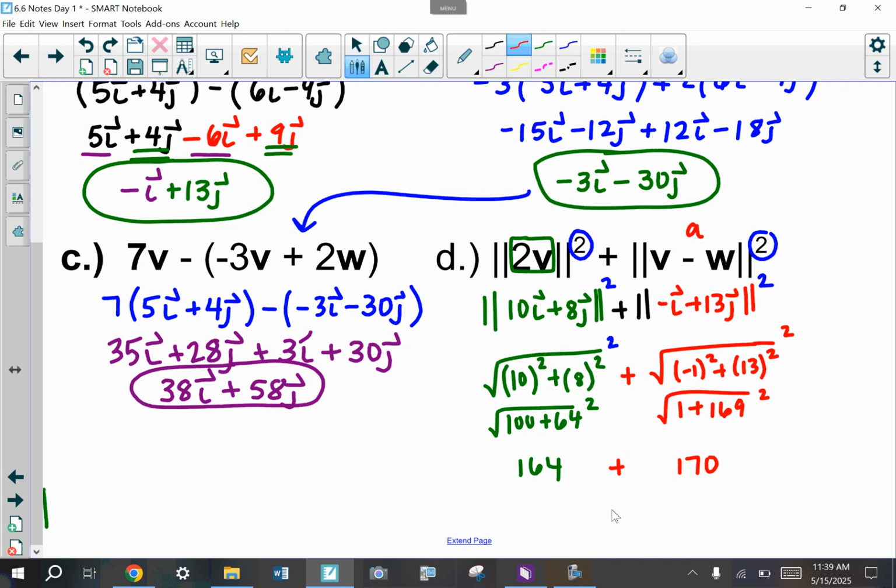Again, you can use a calculator, and then I'm adding those two numbers together. So if I did my math right in my head, I should be getting 334. Seem right? So all they're having you do, guys, is square the square root. It doesn't undo the squares inside. You're simplifying the stuff inside. The square of a square root is going to cancel. So 334.